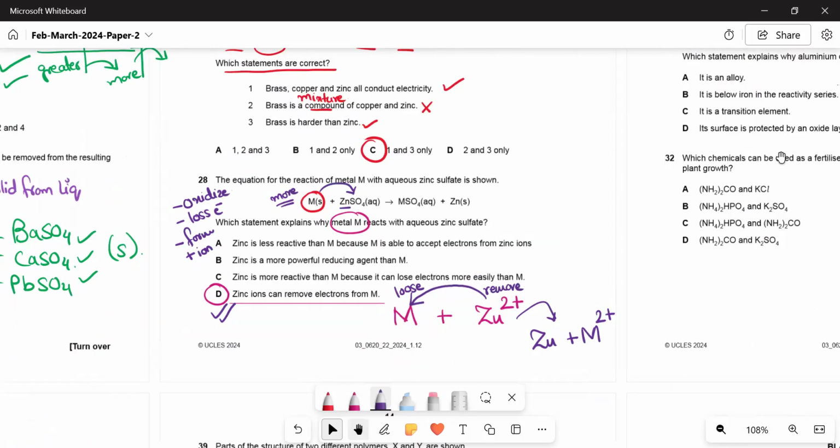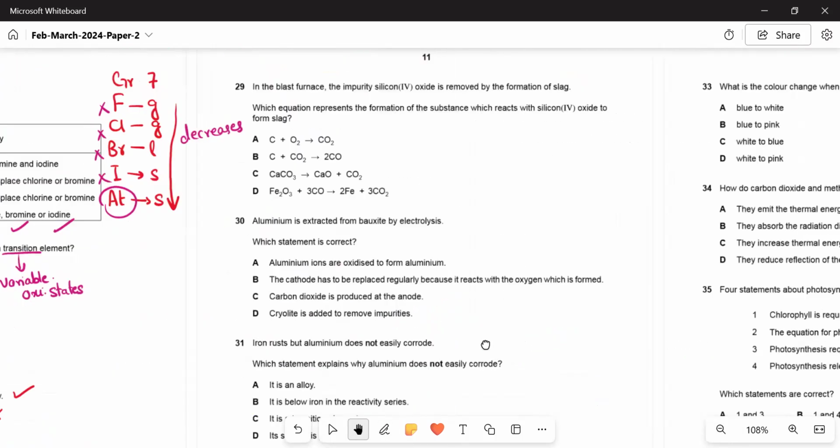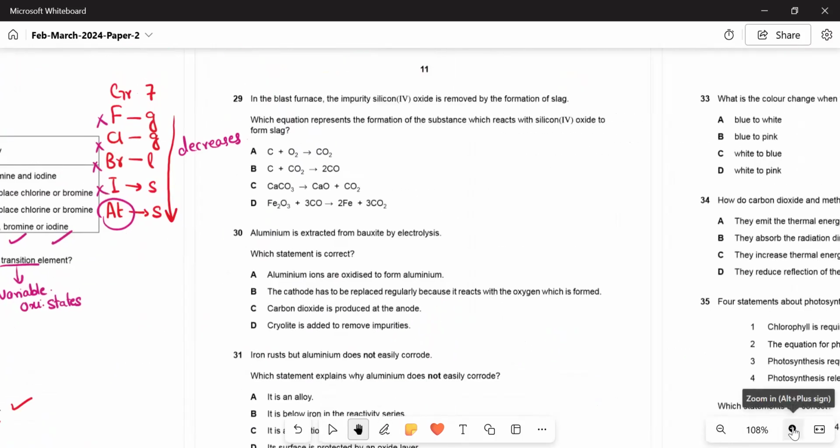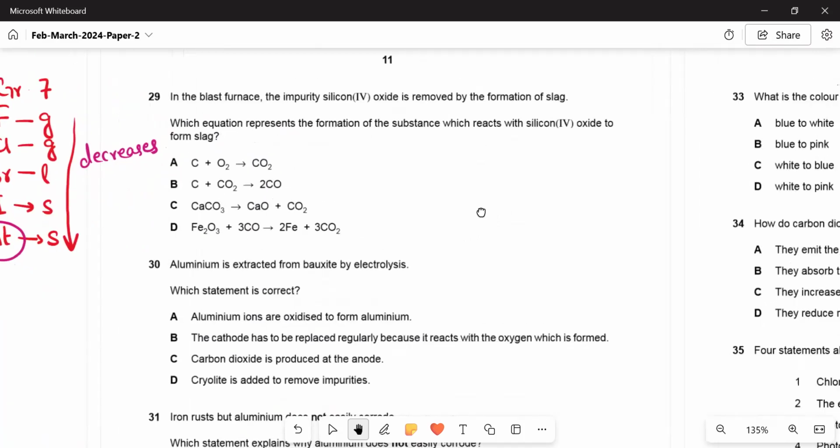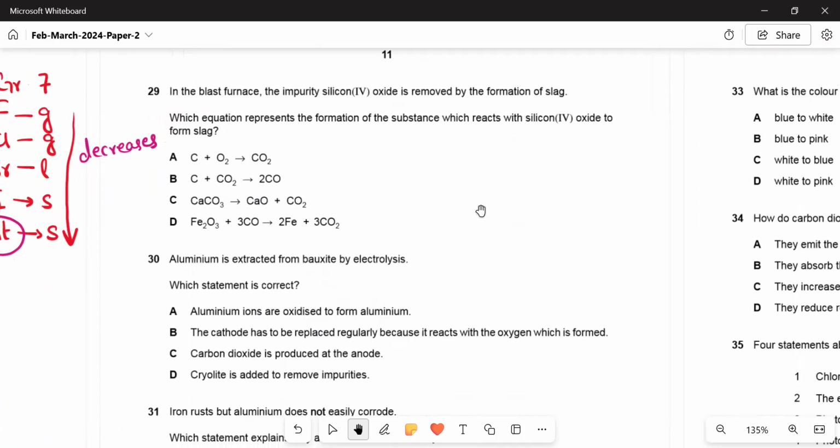Now we have question number 29 and 30. In the blast furnace, the impurity silicon oxide is removed by the formation of a slag. Which equation represents the formation of a substance which reacts with silicon oxide to form slag?